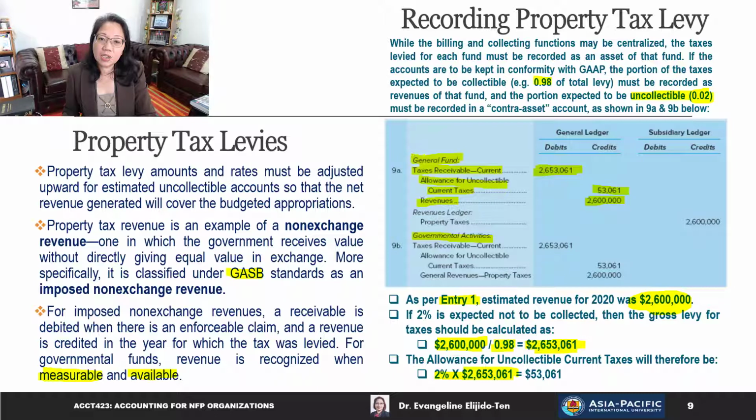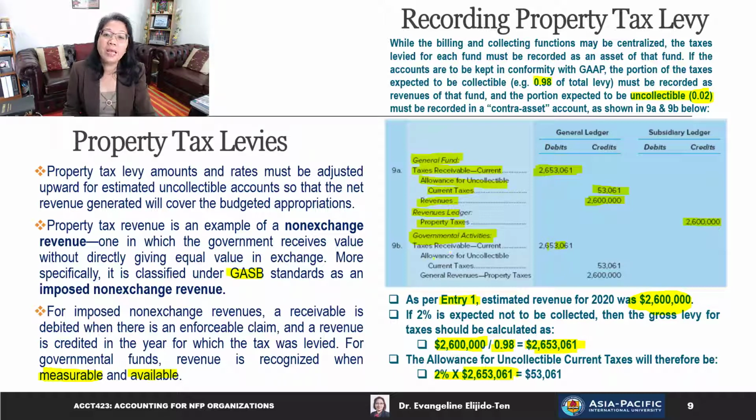Now, still in the general fund, in the subsidiary ledger for revenues, you will be putting property taxes, and on the credit side, 2.6 million. Now, in the government-wide journal entry, the governmental activities, you will be debiting the same taxes receivable current for the same amount.